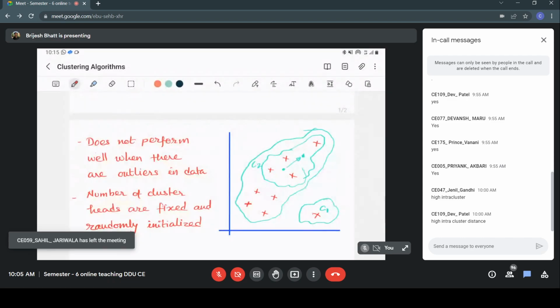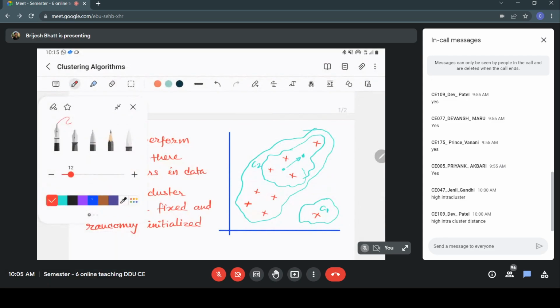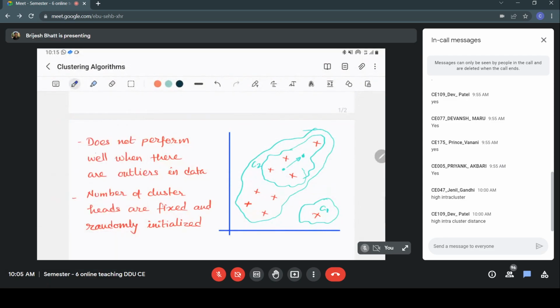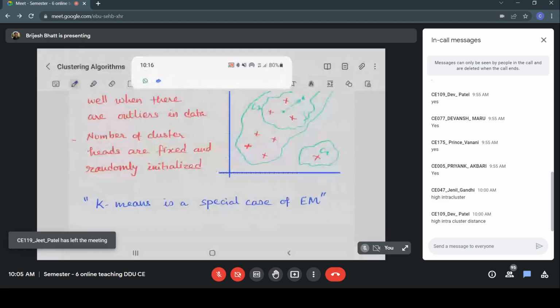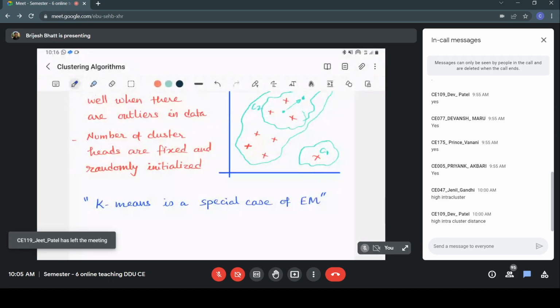But before that, I would like to bring your attention to something which we claimed in the lecture on expectation maximization. We said that K-means is a special case of expectation maximization.